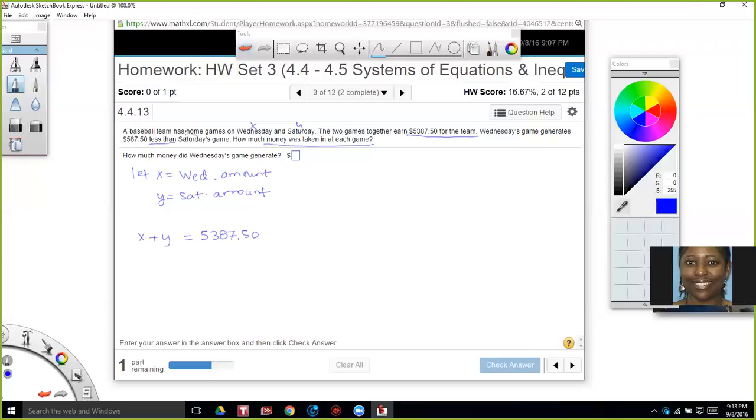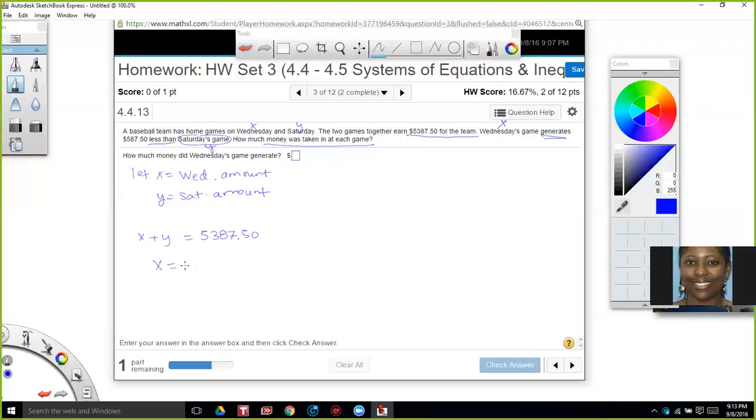Okay, so we know that Saturday's game, that's y. Wednesday's game, that's x. Generates, that means equals. So we have Wednesday's game is equal to $587.50 less than Saturday's game.